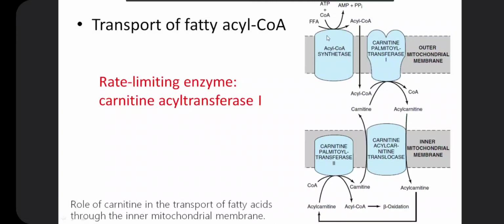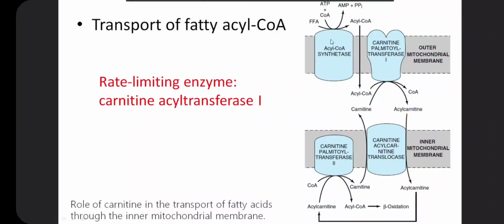So the fatty acyl coenzyme A can cross the outer mitochondrial membrane into the intermembrane space. As you see here, this is acyl coenzyme A synthetase, and this enzyme is located in the outer mitochondrial membrane.